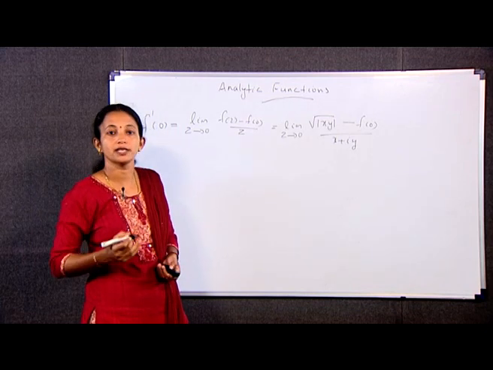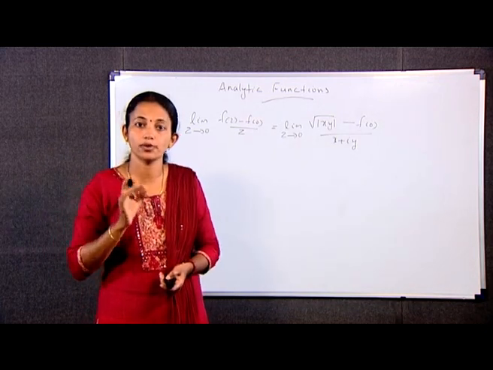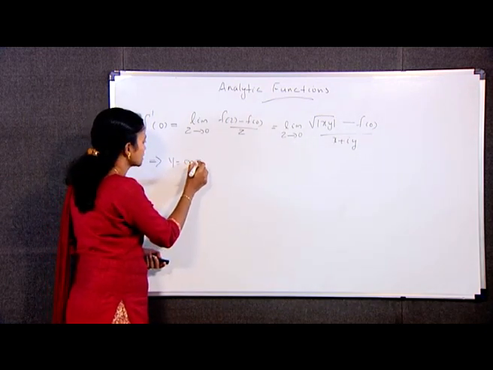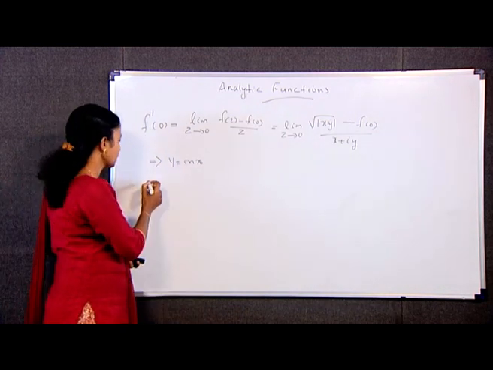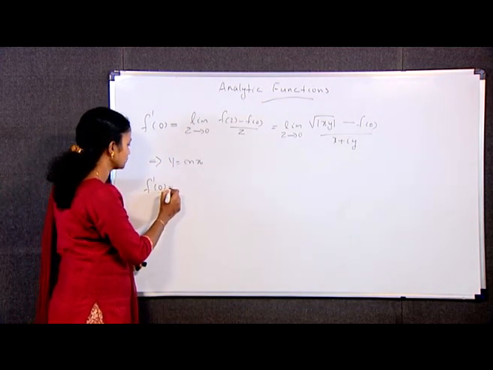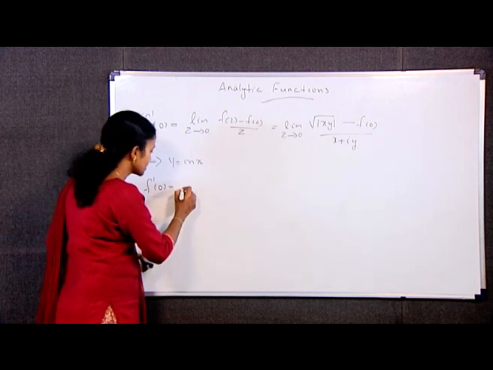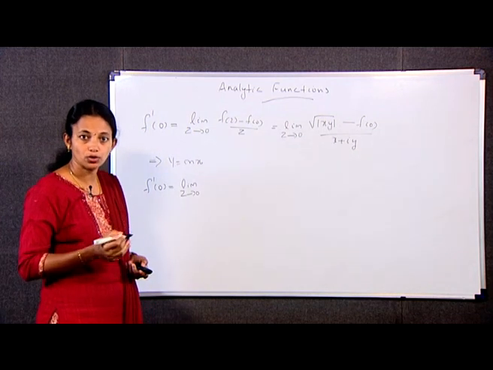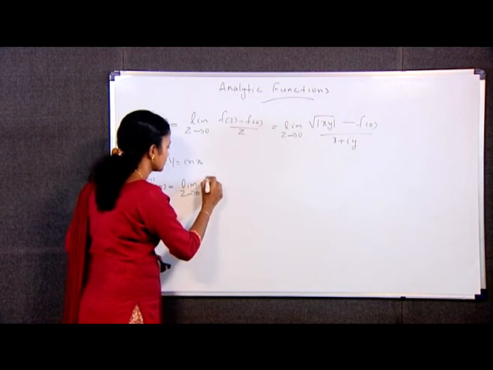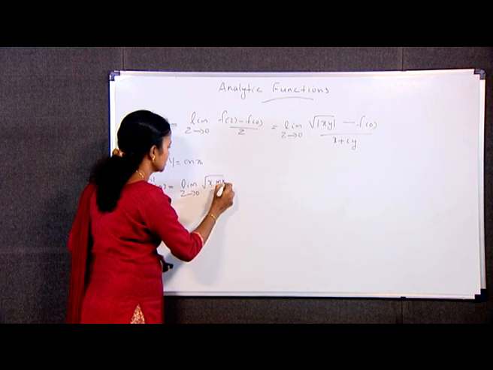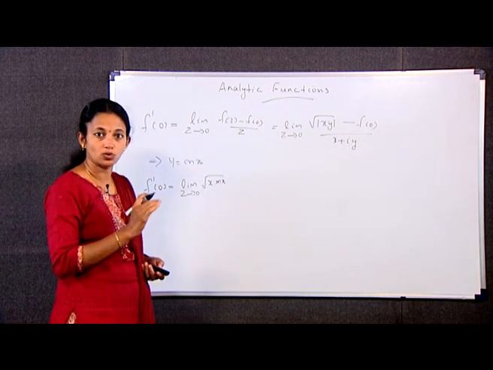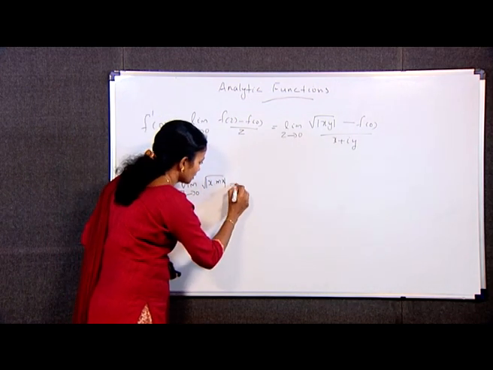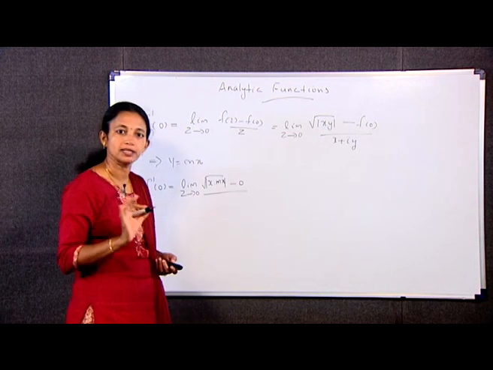Now, let z tend to 0 along the path y is equal to mx. Then f dash of 0 is equal to the limit as z tends to 0 of the square root of mod x into mx minus 0, divided by x plus iy.